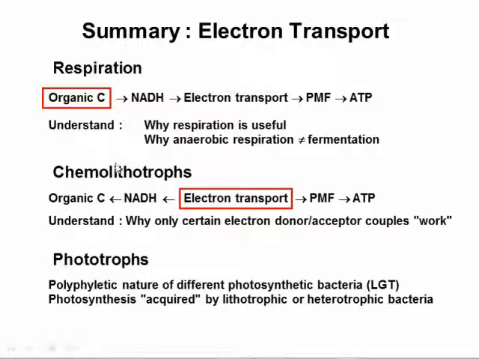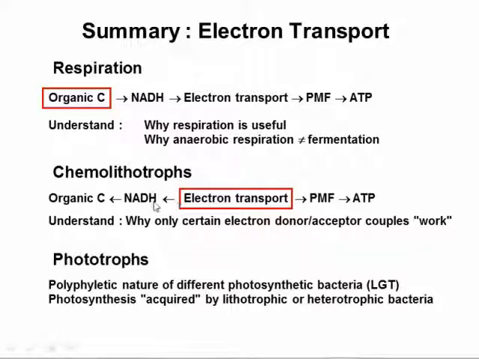Chemolithotrophs, how are they working? Well, the basis of their metabolism is some kind of electron transport from an inorganic donor to an inorganic acceptor. So you start out generating energy by an electron transport mechanism. This will allow you to get proton motive force and ATP.